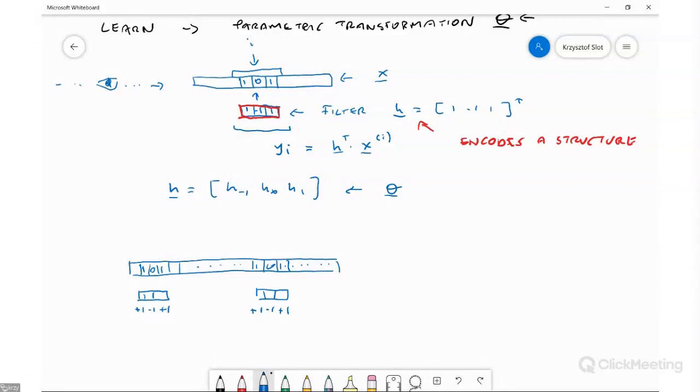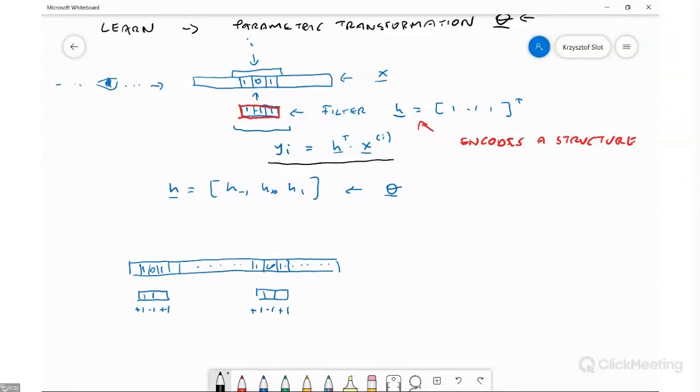If I am looking for a particular structure, I have to assume that this structure could be anywhere. So what I was doing before was computing a dot product, which was a detector of a structure encoded by a filter.